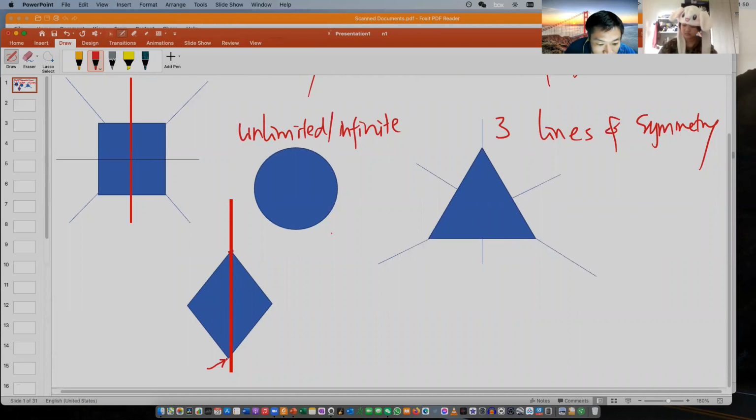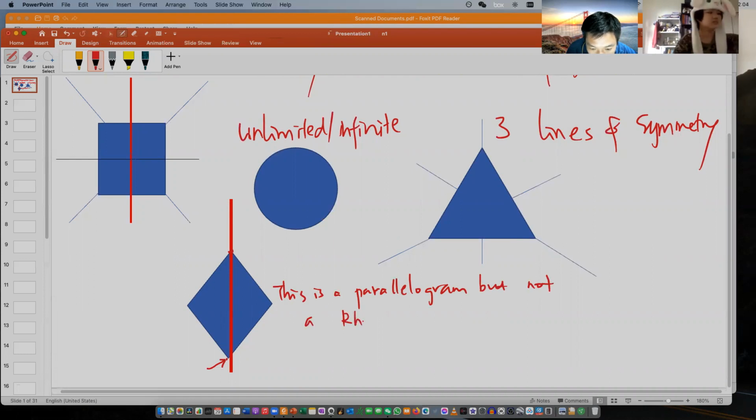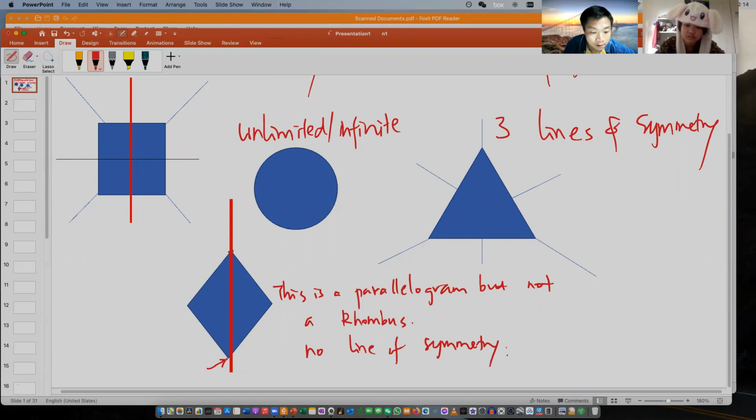So therefore, this is a parallelogram, but not a rhombus. Therefore, there is no line of symmetry. So for this particular parallelogram, there is no line of symmetry.